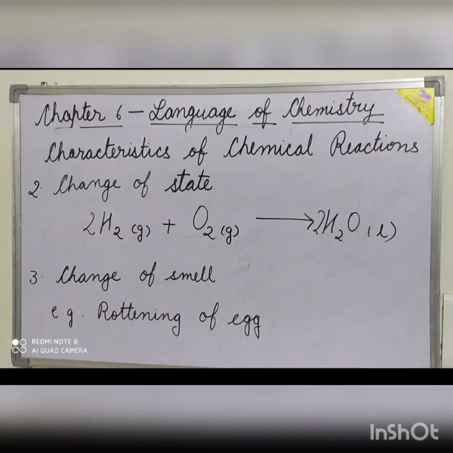The next characteristic of chemical reaction is change of state. There are some chemical reactions which are characterized by the change in the physical state of the reactants. That is, the reaction might start with a particular physical state and end up with another physical state.